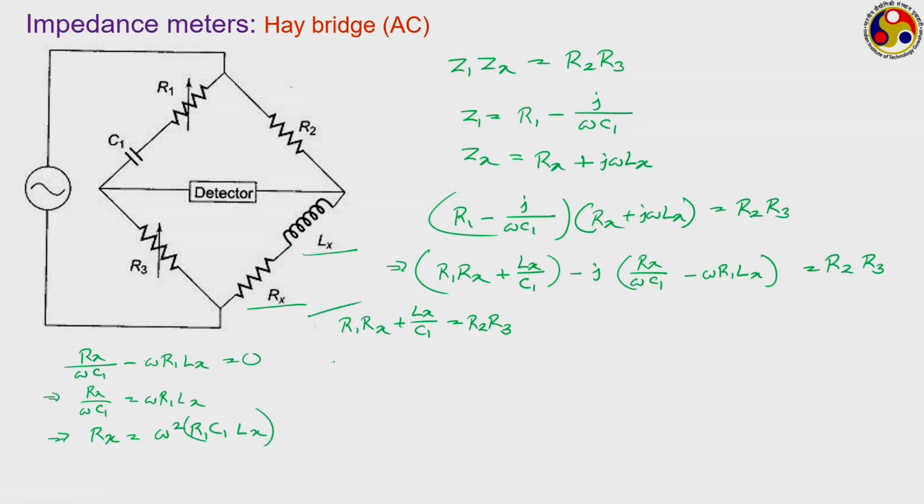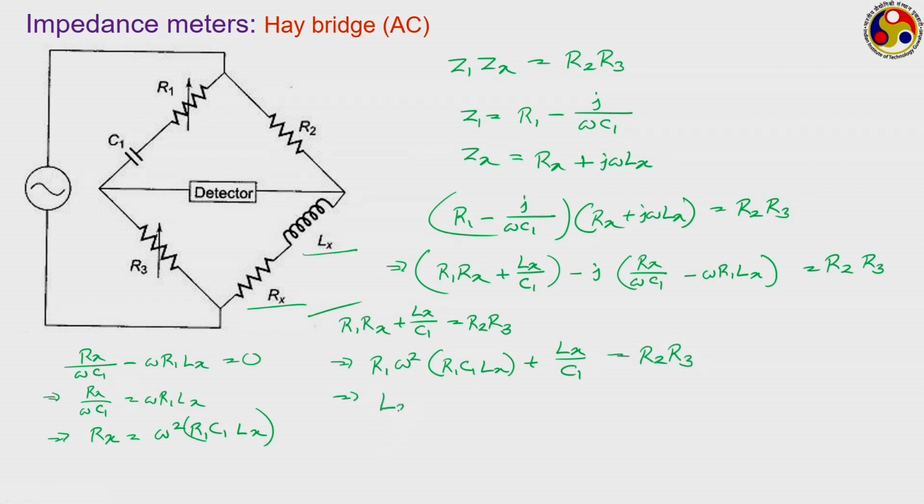and let us put it back in this particular equation. So, here we are going to have R1 into omega square into R1 C1 Lx plus Lx upon C1 is equal to R2 R3.